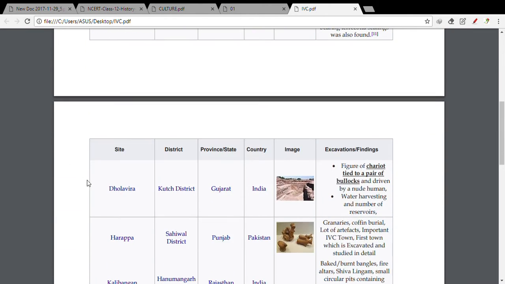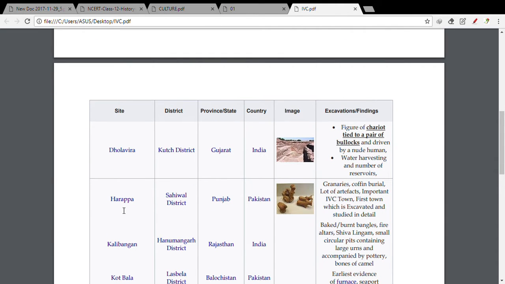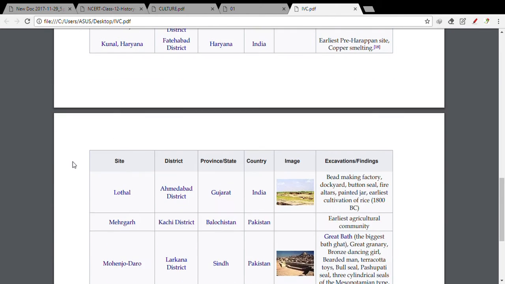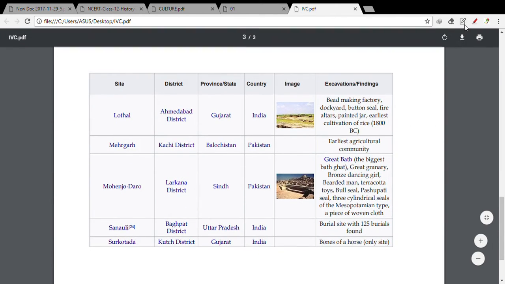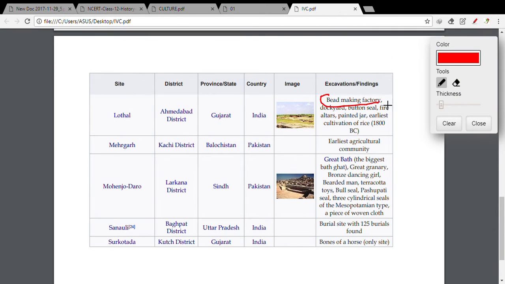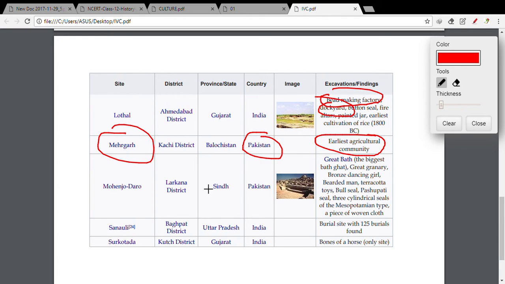Then we can find Dholavira, we will talk about it, Harappa itself, Kalibangan, Kotbala, Kotdiji, Kunal in Haryana, and Lothal, which was an important bead making factory and had a dockyard itself. So there was sea trade during that time. Then Mehrgarh, which was the earliest agricultural community, in present-day Pakistan.